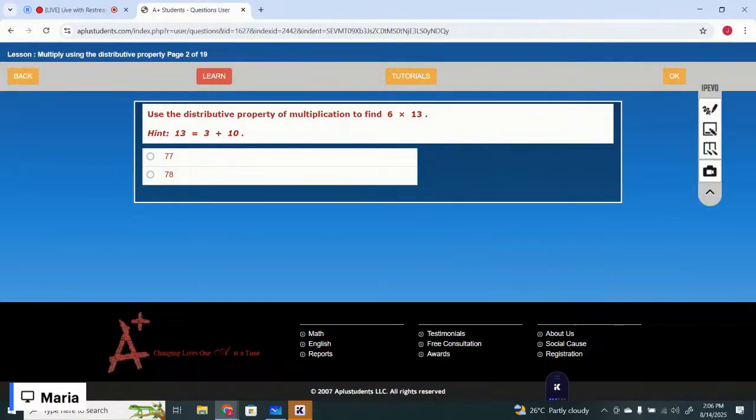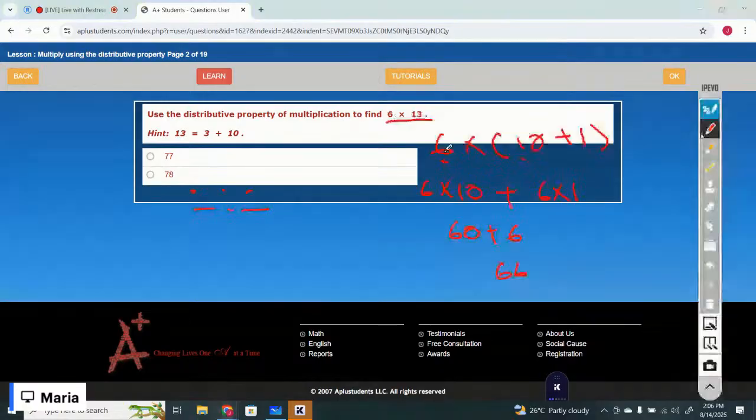Use the distributive property of multiplication to find 6 times 13. You need to write 13 as 10 plus 3.